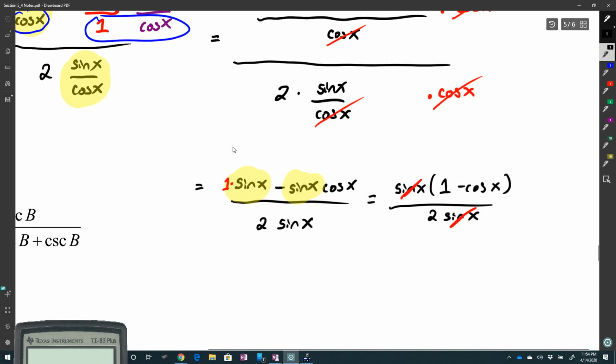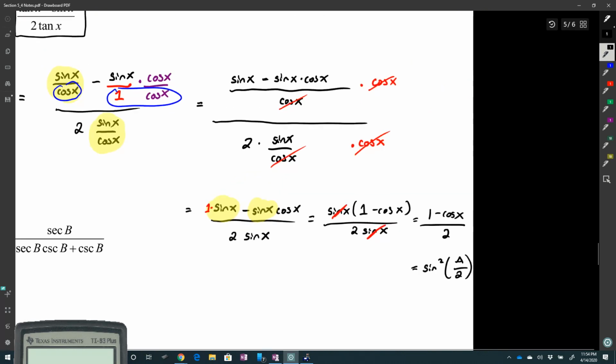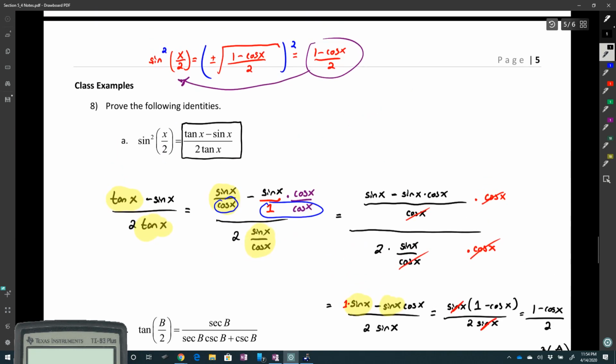And then I have what I'm looking for. 1 minus cosine of x over 2. And I know that that's the same thing as sine squared of a over 2 because of the formula that I had up here. So anyway, let me shrink it up and make it nice and neat. But yeah, that's your proof.